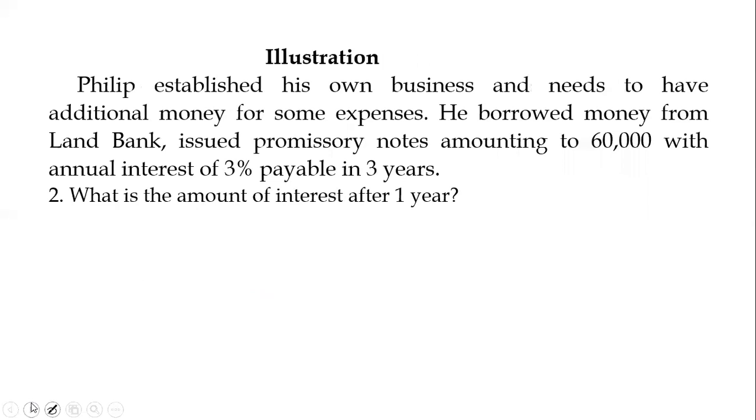What is the amount of interest after 1 year? Alright, so the same procedure. Interest is equal to principal times rate times time. No, 60,000 times 0.03, that's 3%, times 1. Okay? Bakit 1? Kasi ang tinatanong ay 1 year. So remember na yung time must be in a year.